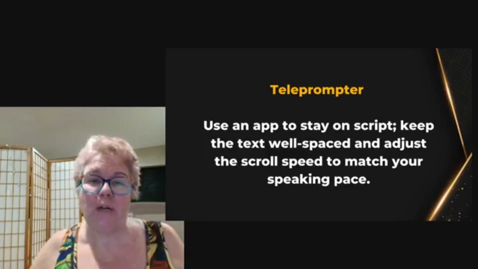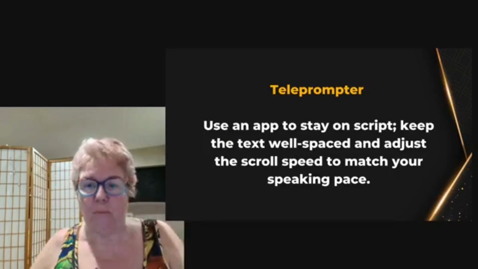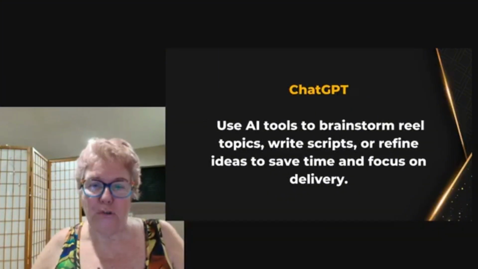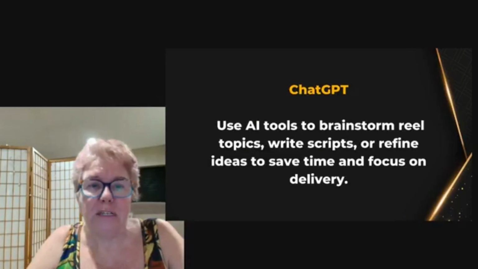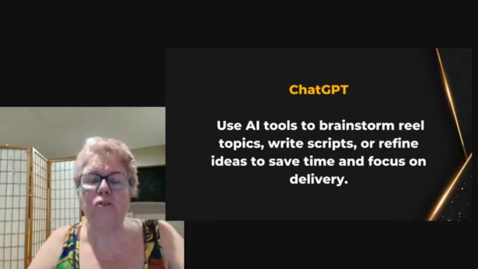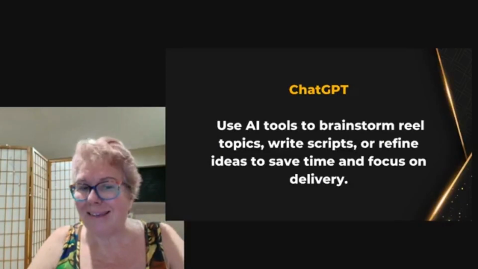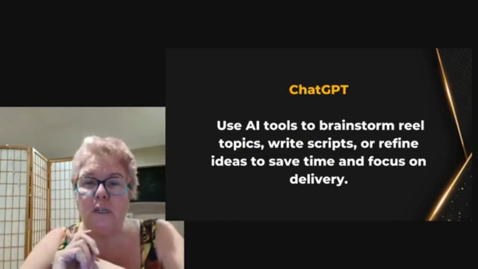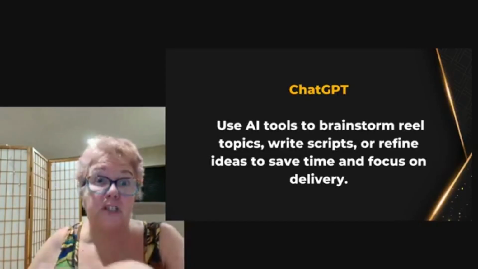Okay, so match your talking pace when you're actually doing your teleprompter. Now, AI tools that you can use to brainstorm your topics. Getting your topics is really tricky for some people. And I used to loathe trying to find a caption, but there is a simple way to do it. So what you do is you use ChatGPT.